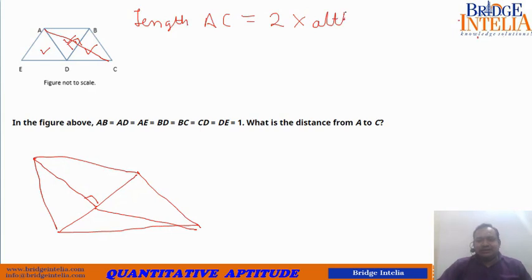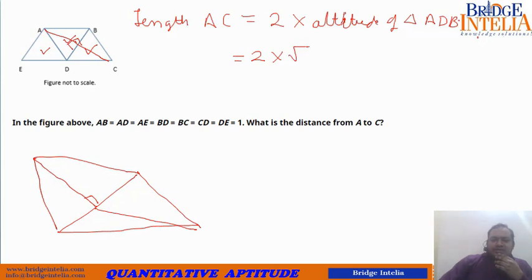So twice the length of the altitude of any triangle, you can say ADB, and all these triangles are equilateral triangles, and you already have the ready-made formula to find the altitude. So 2 times the altitude. So what is the formula for altitude? Root 3 by 2 into side.